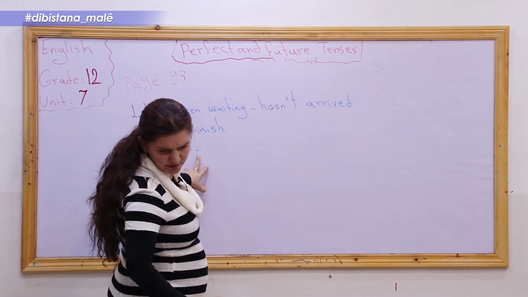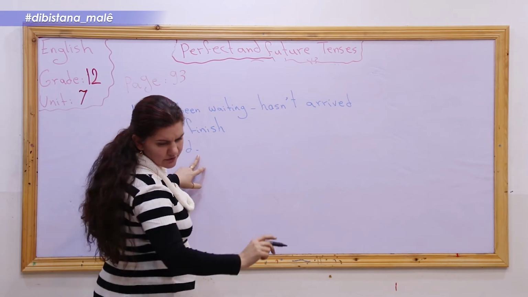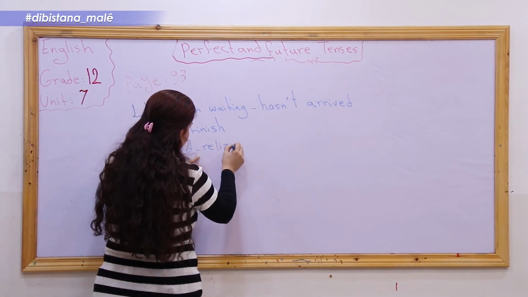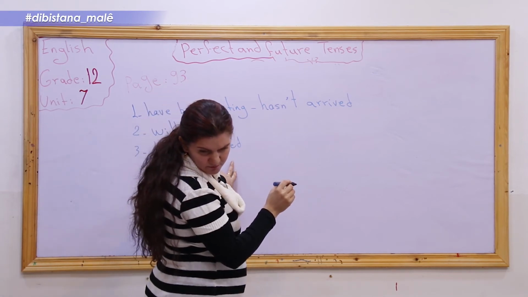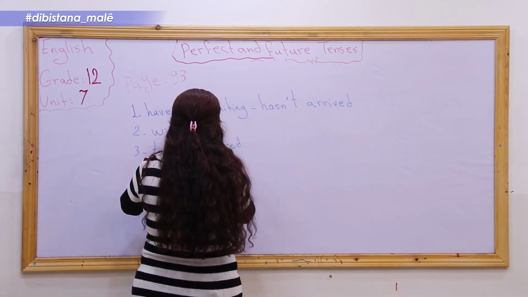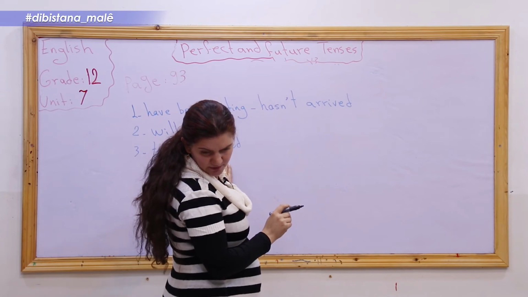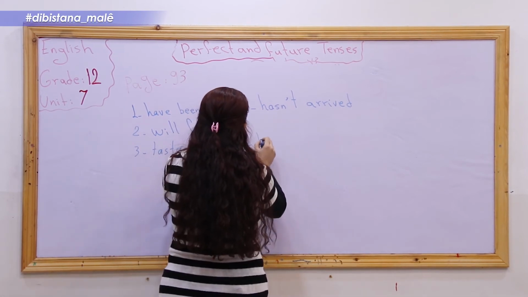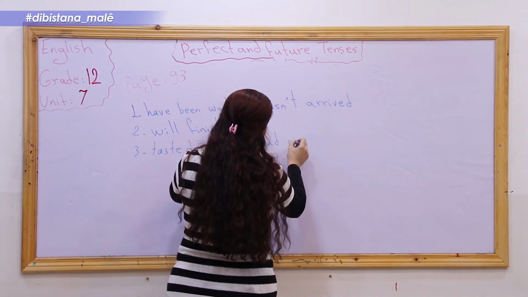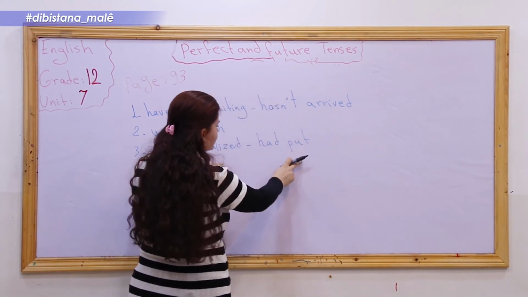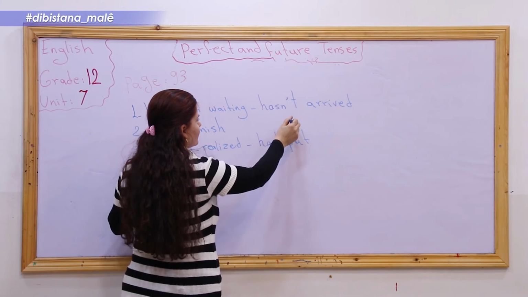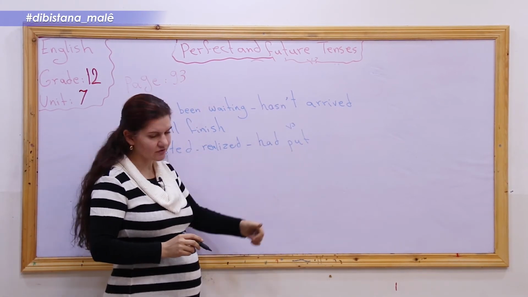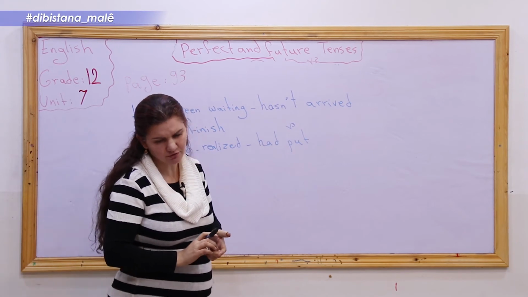Tasted, and the second verb, realize, becomes realized. Realized, again simple past, and the last one, had put. Again here we have put as a verb 3. Put is an irregular verb.